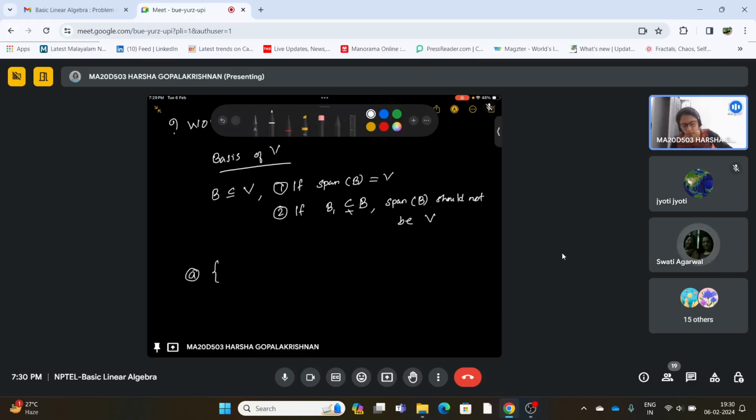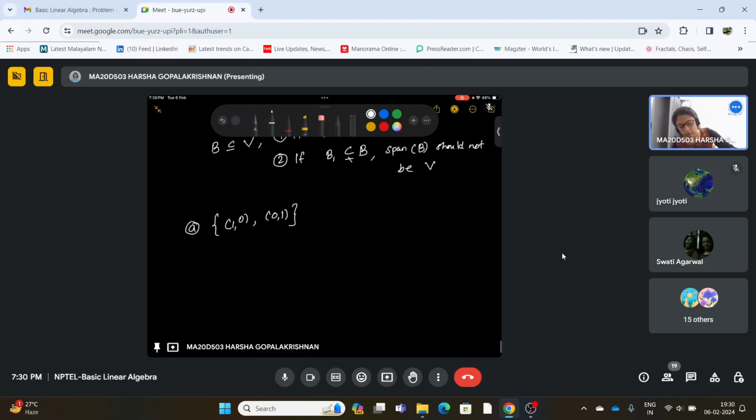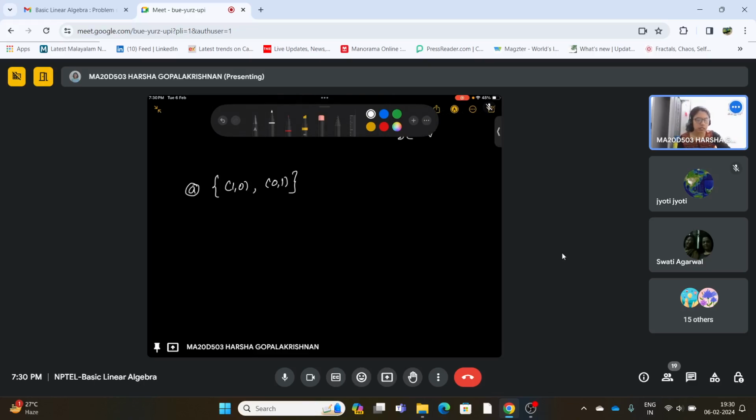The question is, which of the following are bases? First, 1 0 and 0 1. Is this a basis for R2? Yes, actually this is the very standard basis of R2. Why? We will see for the first example.